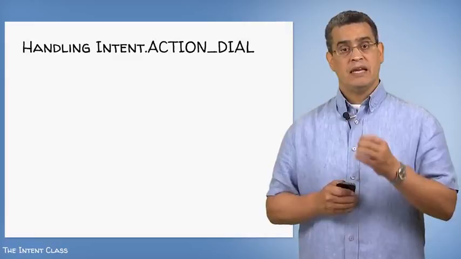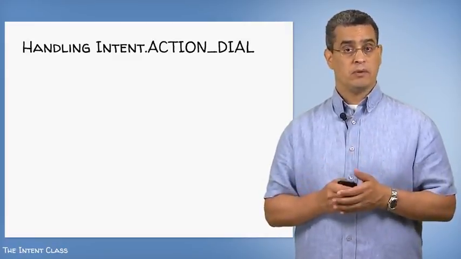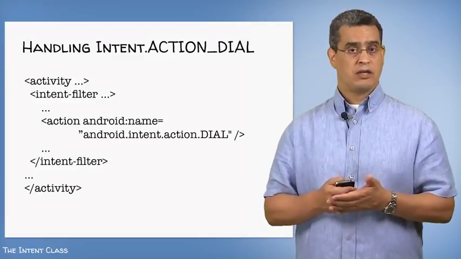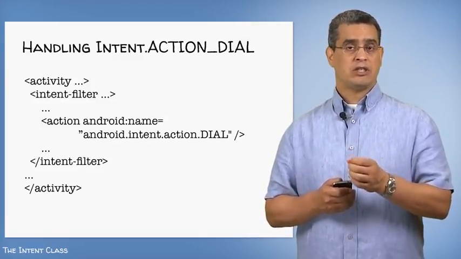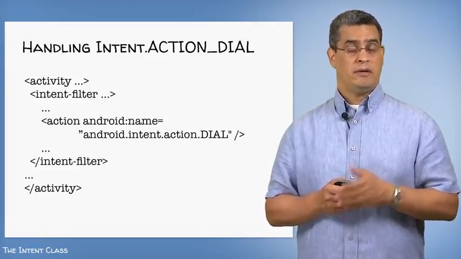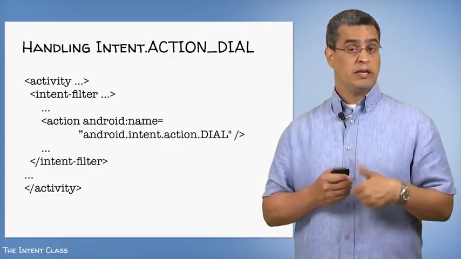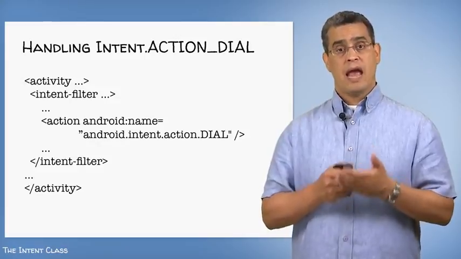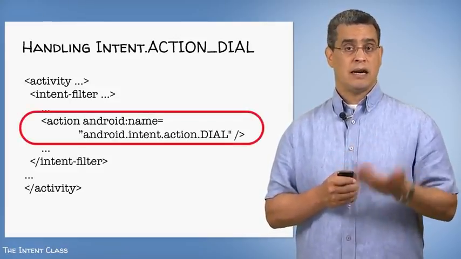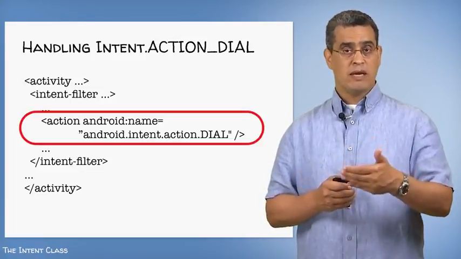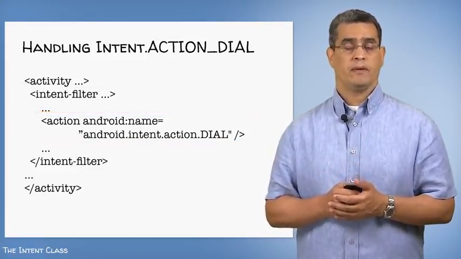For example, if an activity can dial phone numbers, then it should include an intent filter with the standard action intent.ACTION_DIAL. Now that's the Java name for that. The actual value is really a string. So you'll see android.intent.action.DIAL. And that's the value that will actually be written into the intent filter.